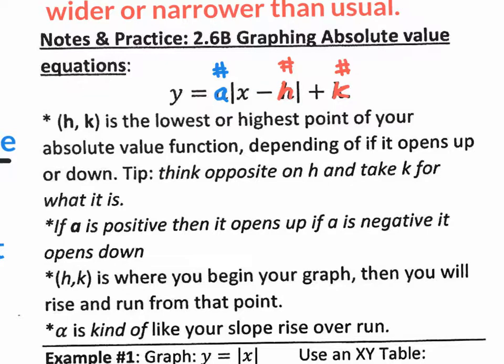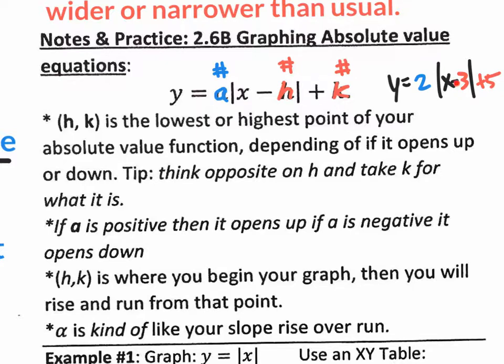Okay, so for example, let's say I had y equals 2 absolute value of x minus 3, and then plus 5. This is an equation that's in this form, okay? The a value is 2. The h value, you have to think opposite of what you see here.